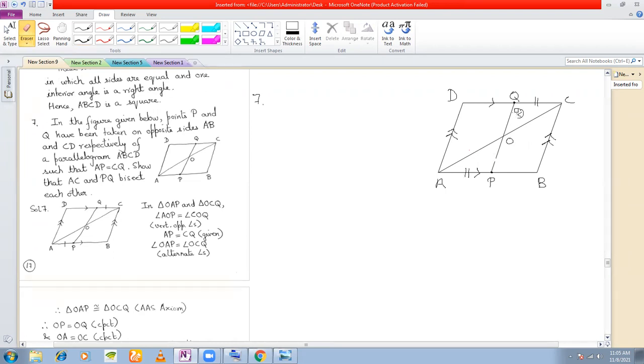In fact, this is a problem from congruent triangles, not exactly from quadrilaterals. So in triangle AOP and triangle COQ, first of all, angle AOP is equal to angle COQ. These are vertically opposite angles.